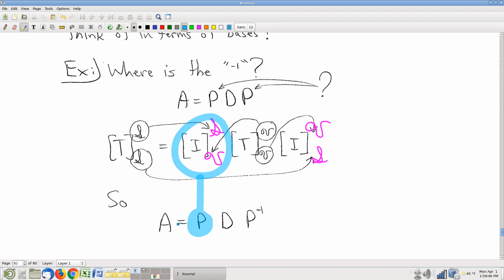And analogously, this thing here is not from V to S, it's from S to V. That is going exactly the opposite way as the one we're presuming would be called P.